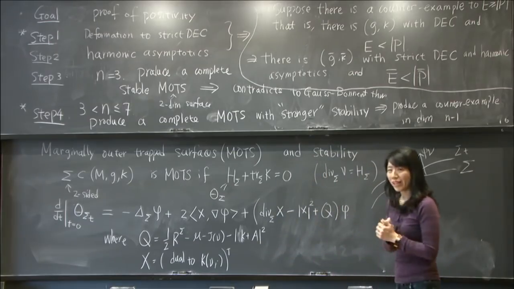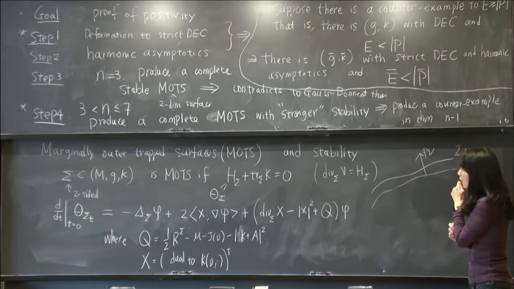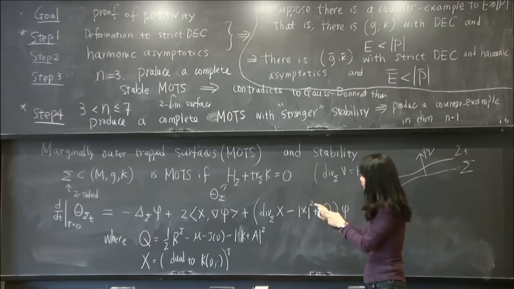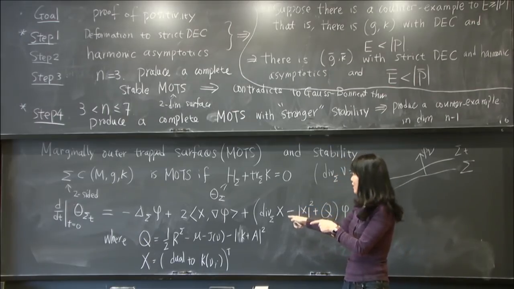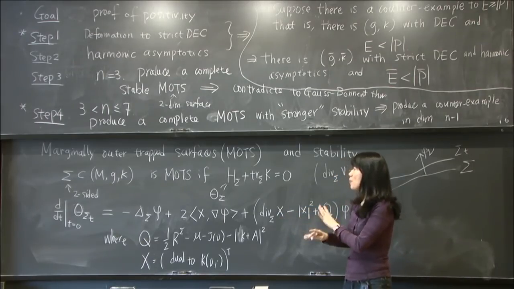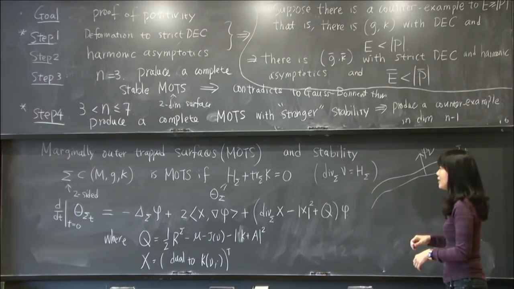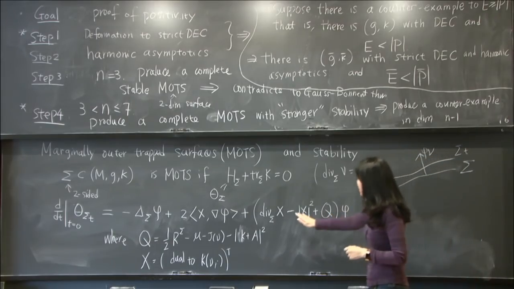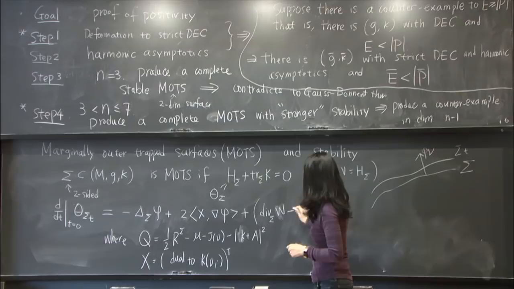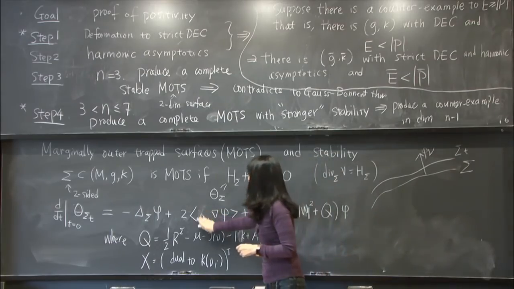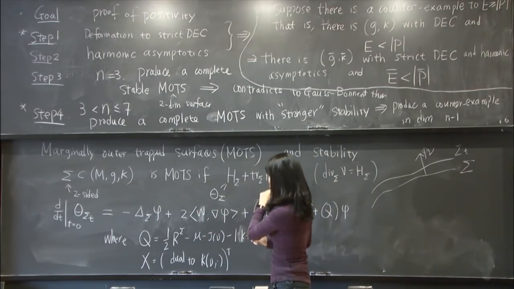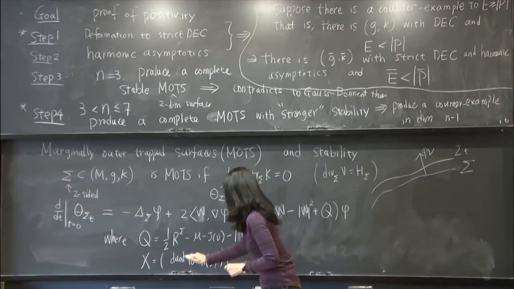So the formula is quite complicated, but you can basically ignore the term X. X will be some vector field defined. So actually, let me use W instead. Sorry about that, because I'm going to use X to be the deformation vector field later, so I don't want to confuse you.